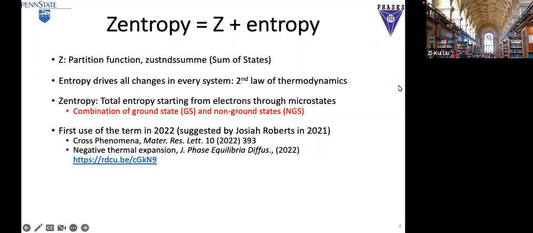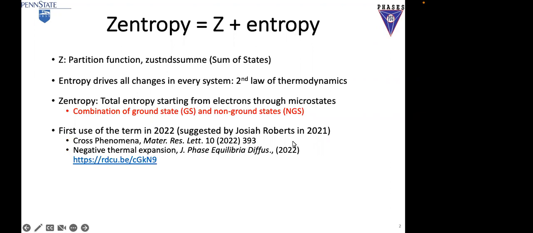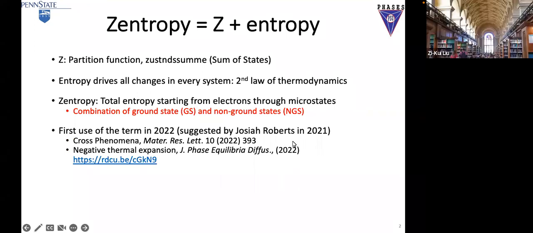And then one person, Josh Robert, said, oh, you should call it Zentropy. Basically, partition function of entropy. Okay, we got a term. So we have been using that term since last year. There are 2 papers we published this year, and a couple more already accepted. I will mention one of them. We started to use the term because we found it really represents what the method does.